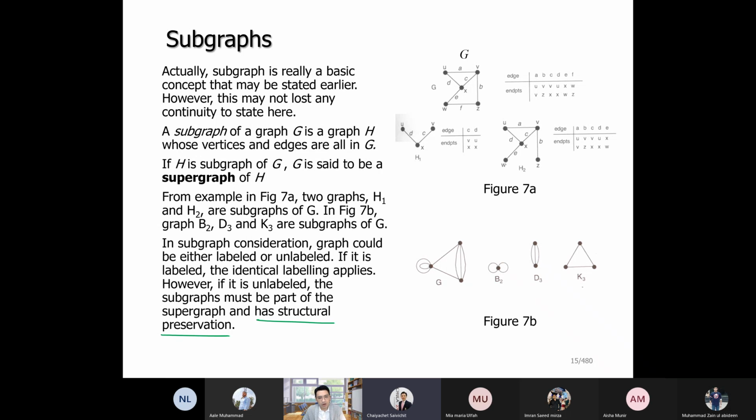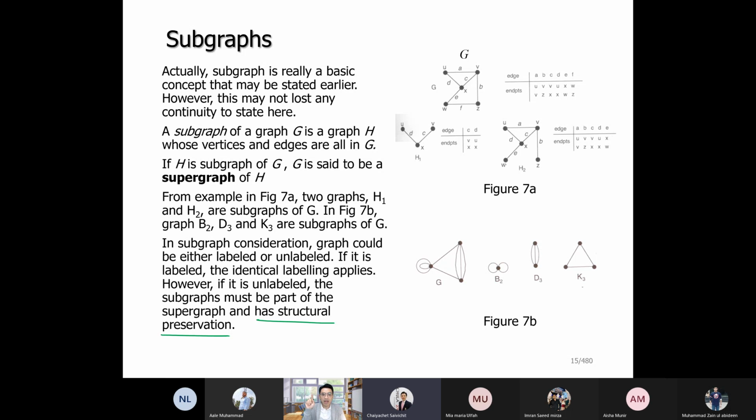Look back at this one, 7A. You see graphs H1 and H2. H1 is a subgraph of G, and H2 is a subgraph of G as well. But you see that H2 has all the vertices in G. We have 5 vertices, but H1 has only 3 vertices.